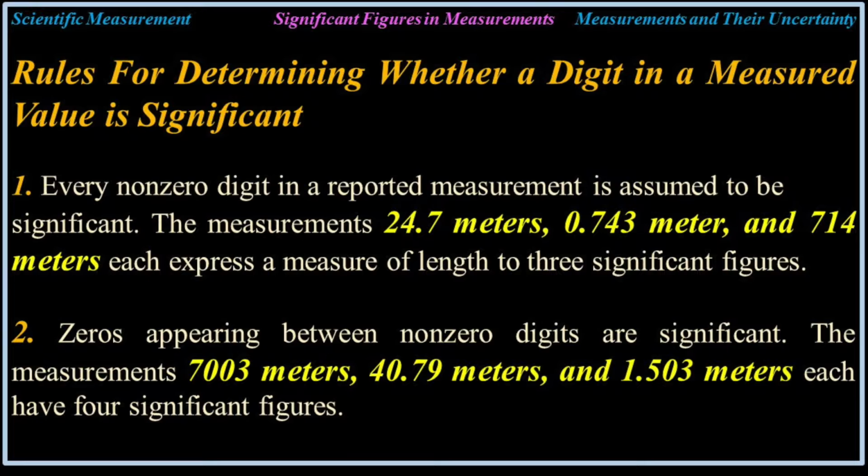Well, any 0 between 2 significant figures is significant. For instance, a 0 can be significant if it's on the end, and any zeros between 2 significant digits are significant. I'll make this a little clearer in the next couple of rules.